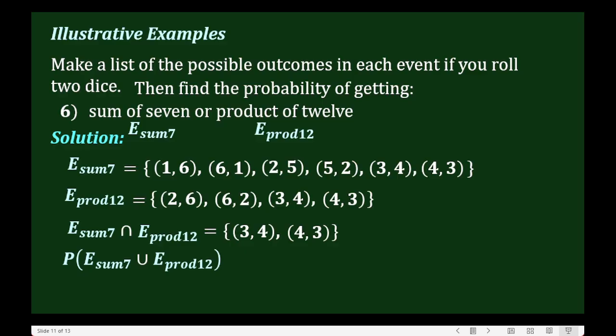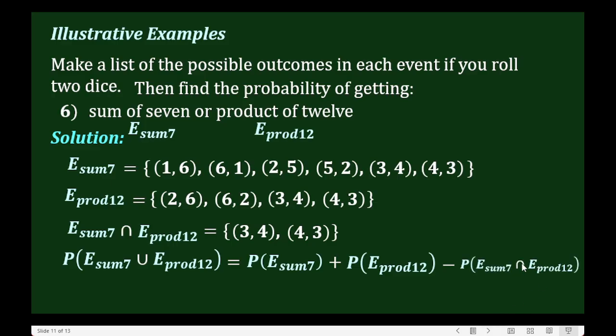So therefore, to find the probability of these 2 events, we have P of E sub sum 7 plus E sub prod 12 minus the probability of their intersection. So for this term, P of E sub sum 7, for this event there are 6 elements, so that is 6 over 36, plus E sub prod 12.